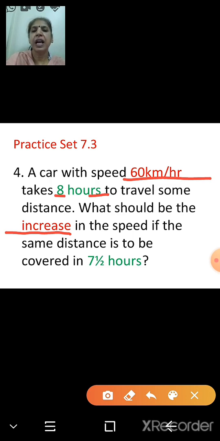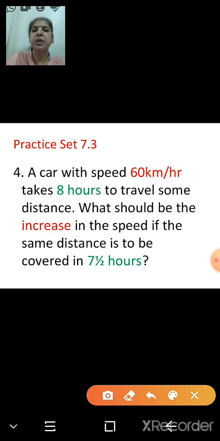So, speed of the car is 60 km per hour. Time taken is 8. And now we have to find the increase in speed. They have not asked us to find the speed. They have asked us to find the increase in speed if the same distance is to be covered in 7.5 hours.